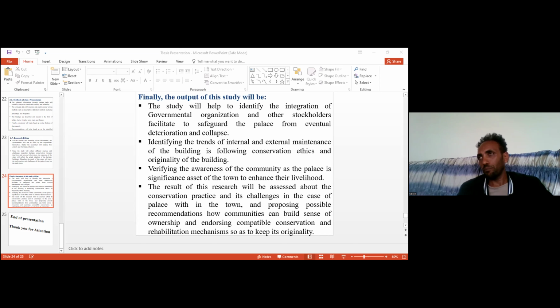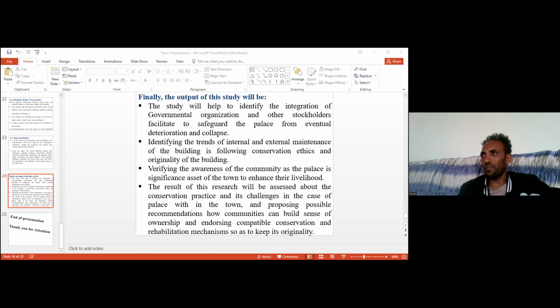So the conservation practice, as Dr. says, may be practical, or the practice may come from the interested communities, the town administrations, or the respected regional offices.